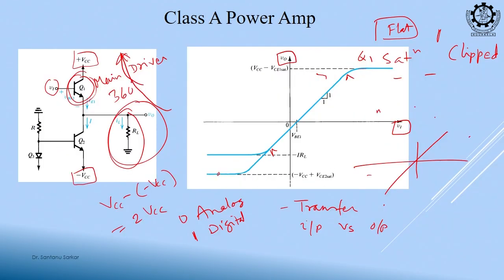In the previous case this was operating for the full cycle, even for positive, even for negative. This was also operating, but this is not a driver, this is a fixed bias. Clear? You understood the difference between the operation of the two.